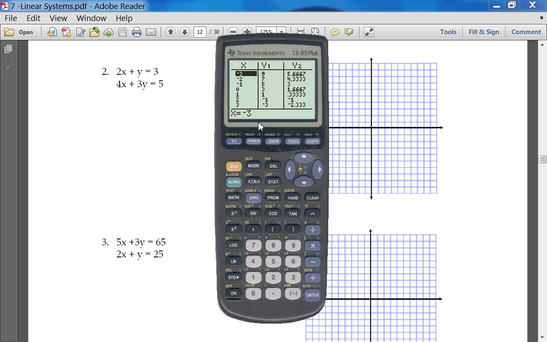So I would go 0, 3 is a point. When x is 0, y is 3. And when x is 1, y is 1. Then I'd grab my straight edge and draw that. So that's for the first graph.